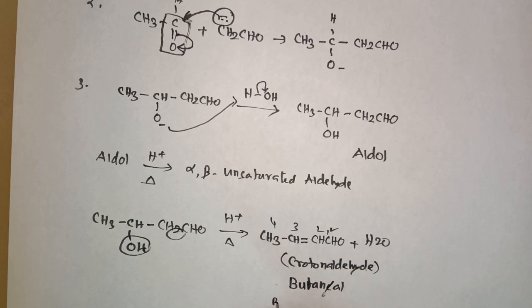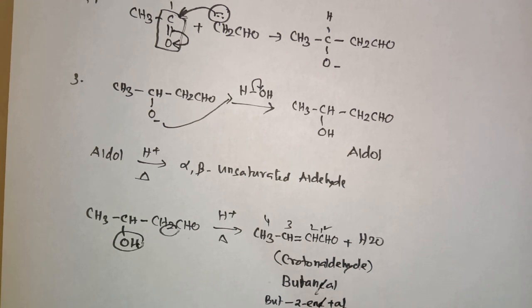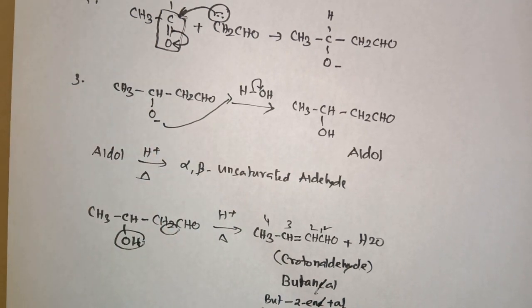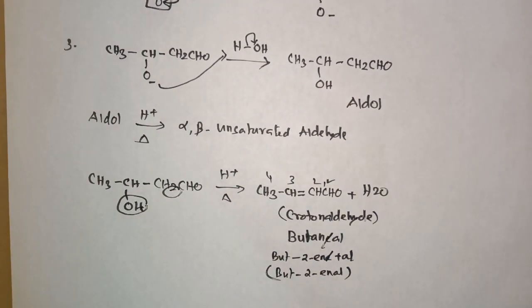So I write here but-2-enal. So it is called but-2-enal. Otherwise you can write this as crotonaldehyde. So that's all about the mechanism of simple aldol condensation. Thanks for watching my video.